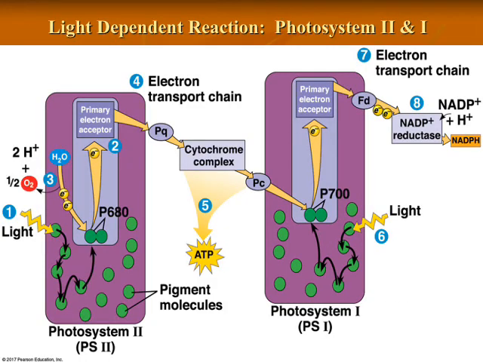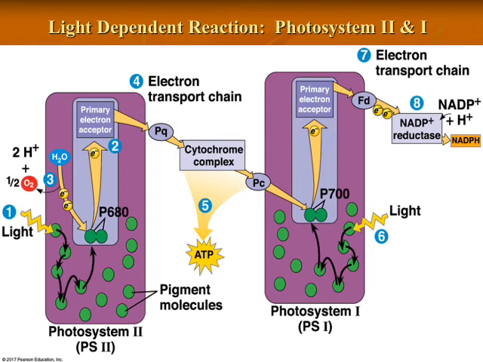So we go back to the big picture with photosystem 2 and photosystem 1. Again, this picture is on page 197 of your books. You'll see photosystem 2 on the left with the P680 molecules, photosystem 1 on the right with the P700 molecules.